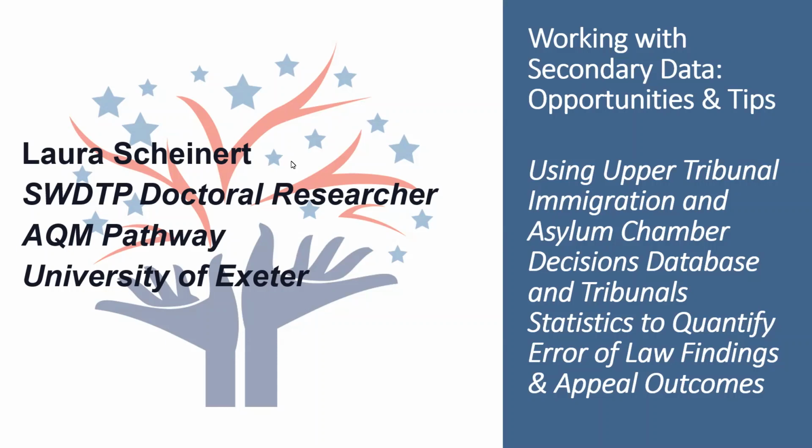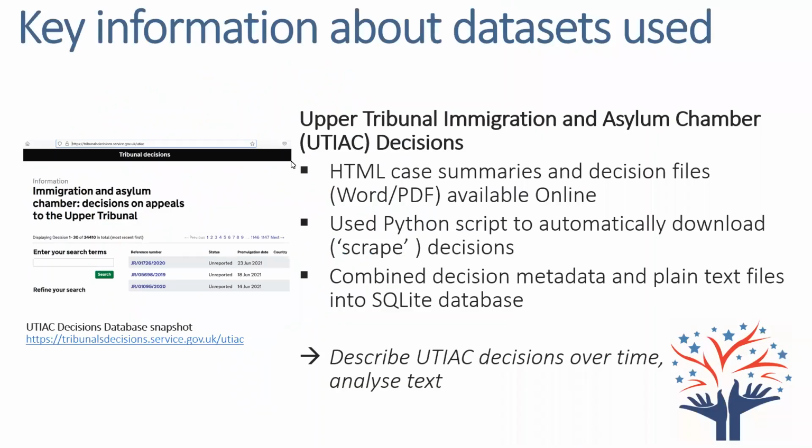So the first dataset is one that I compiled myself from the online database of Upper Tribunal Immigration and Asylum Chamber Decisions, short UTIC. This is a publicly available online database which consists of HTML case summaries and decision files in Word or PDF formats. I used Python programming to automatically download those files and to extract metadata from HTML case summaries and from plain text, which I extracted from the Word documents.